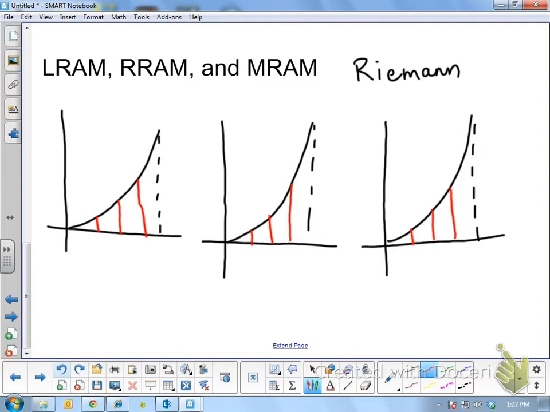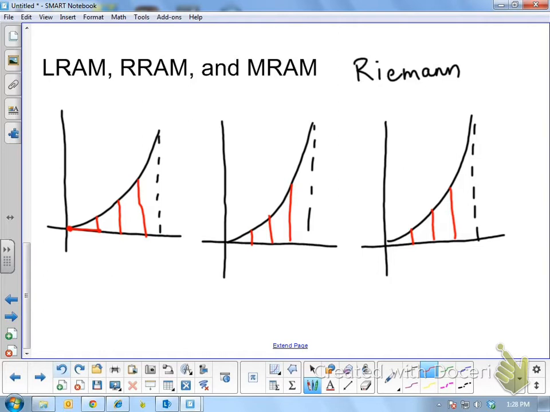So here's my first rectangle. What's the y value on my left side? 0. Okay. So this rectangle starts at 0 and goes over there. So that one actually has an area of 0.